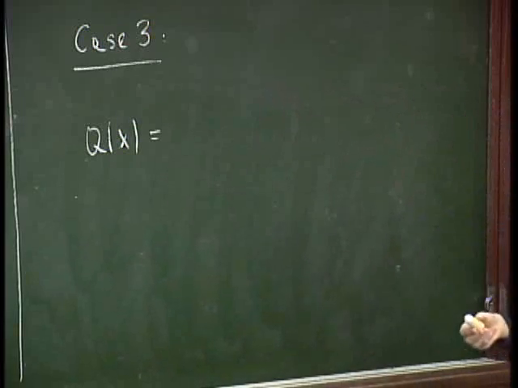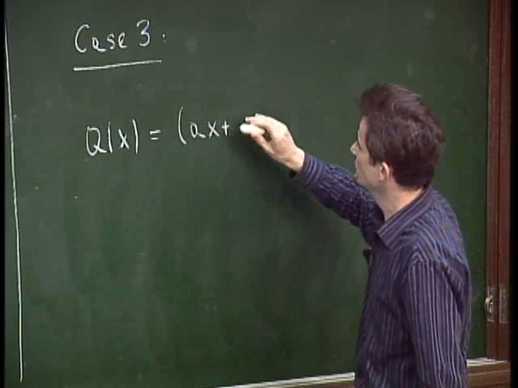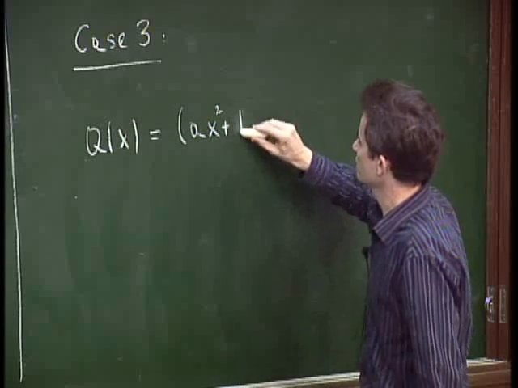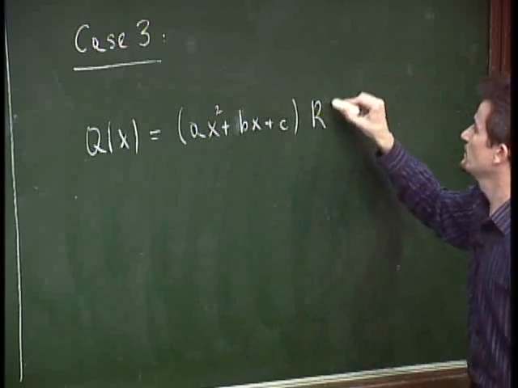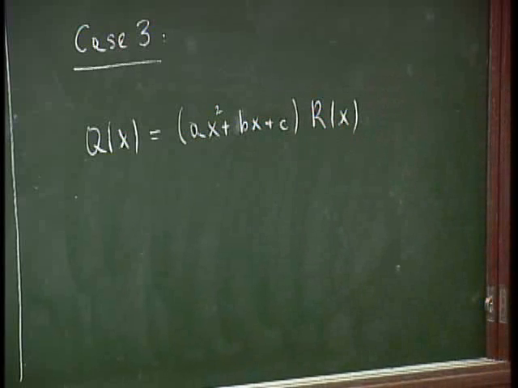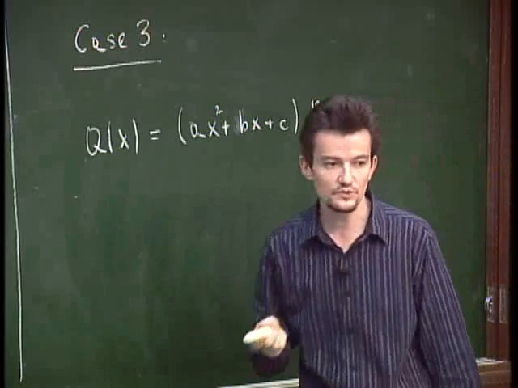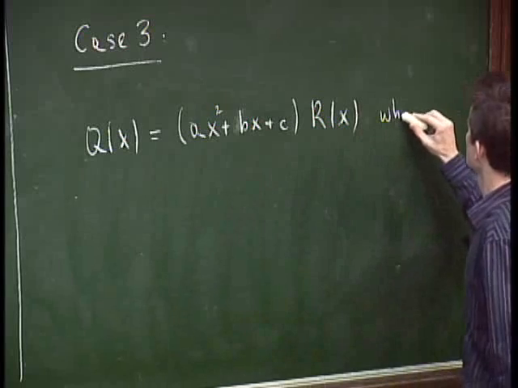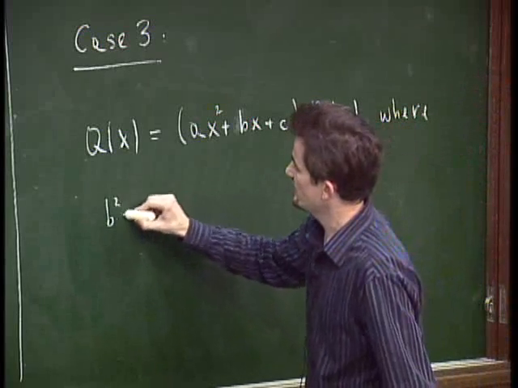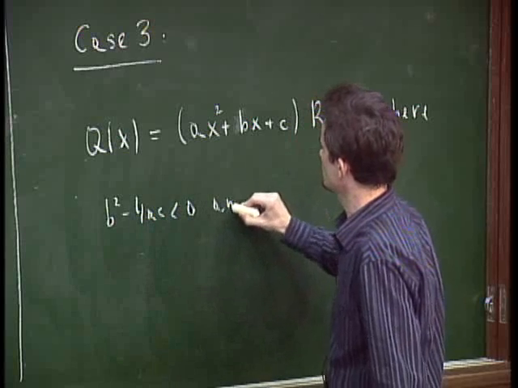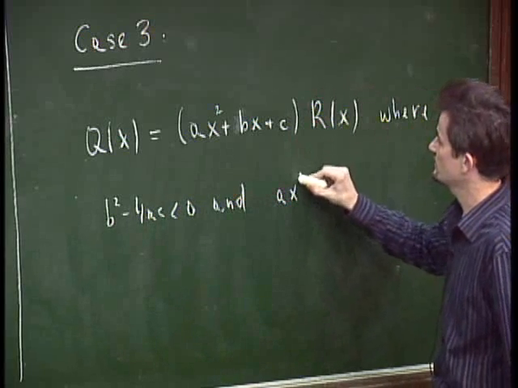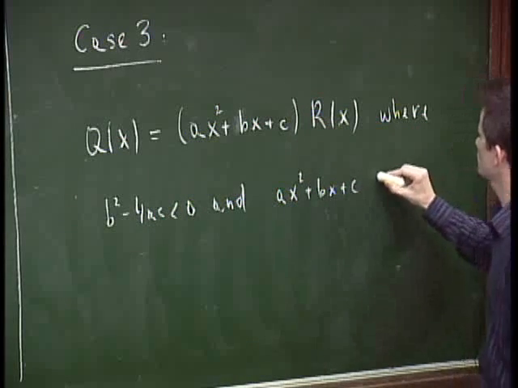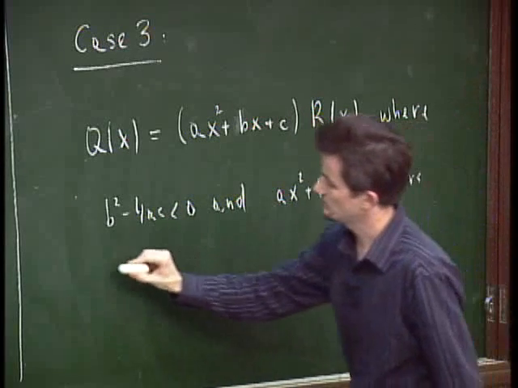So if q of x is equal to, in this case you also have irreducible quadratic terms, but we assume that in this case the irreducible quadratic terms are all different, not repeated. So this is the easier situation corresponding to case 1, where b squared minus 4ac is smaller than 0 and a x squared plus b x plus c occurs only once.